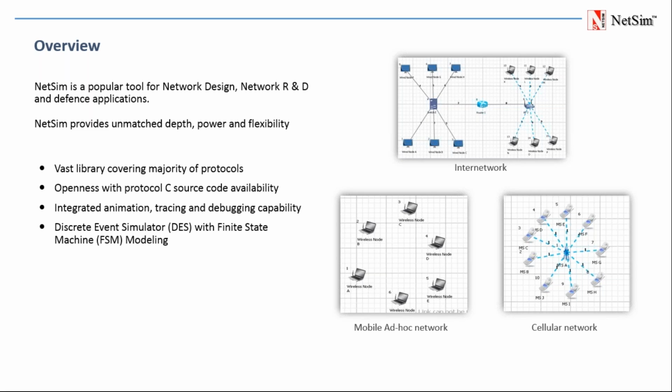In the NetSim standard version, users are provided with C source code of network protocols which are implemented based on IEEE and IETF standards. The purpose of giving the C source code is to enable users to edit the standard protocols existing in the software and write their own protocols, and they can link them with NetSim and analyze the performance of the newly designed protocols.